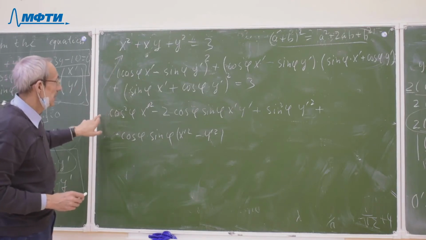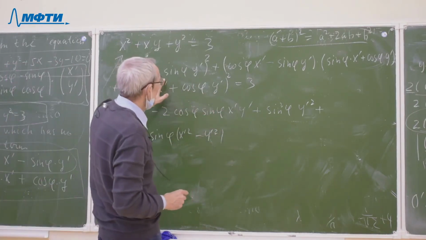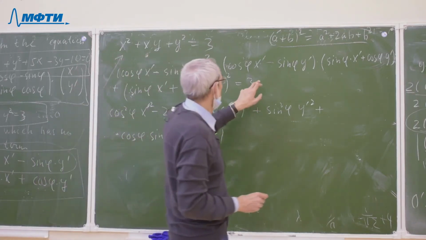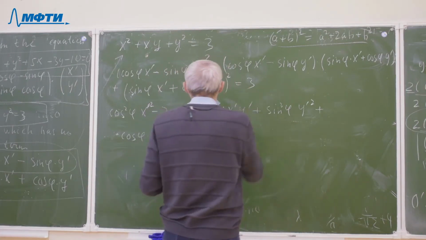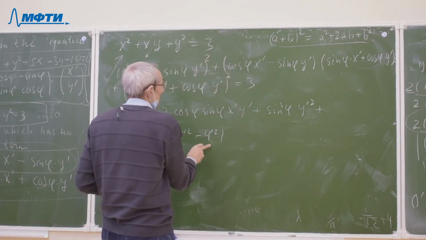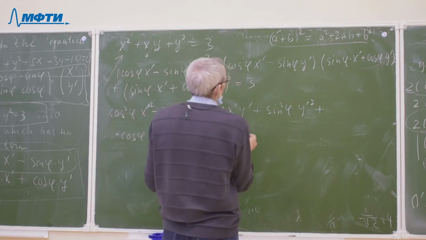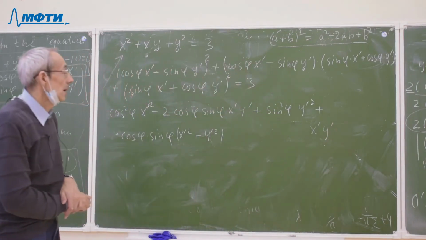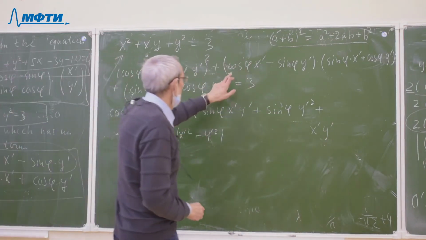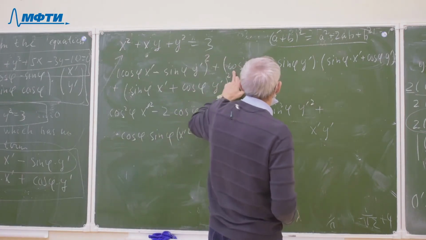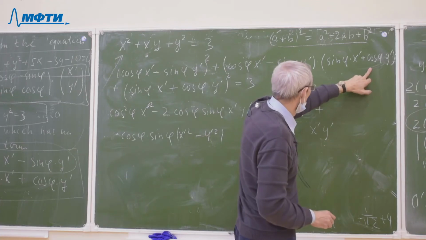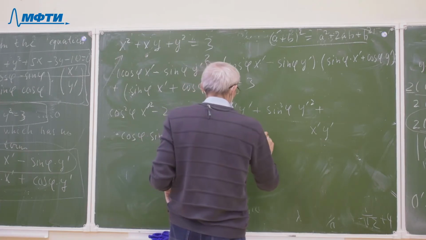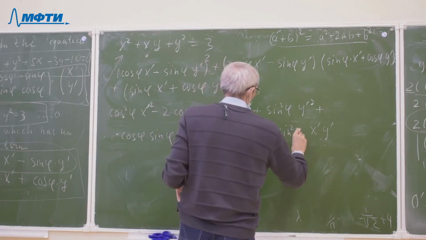I calculate only this term and I continue to calculate this term, and I calculate x prime square minus y prime square, and the terms which contain the product x prime y prime, cosine square phi minus sine square phi.